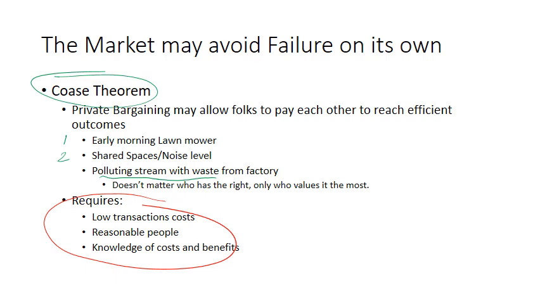So even if they're not breaking the law, Coase would suggest that the town and all of the affected parties essentially go in together, memorialize an agreement with the factory that basically sets up a payment system where they will be paid not to pollute.